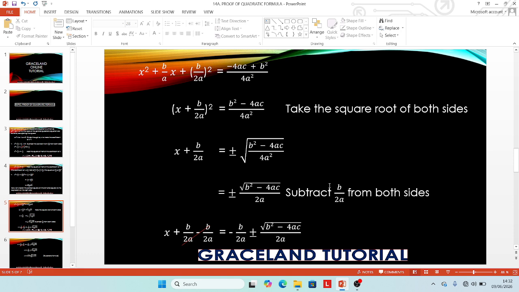Now, let's subtract b over 2a from both sides, so we can have x. Now, this is going to be x plus b over 2a minus b over 2a is equal to minus b over 2a plus or minus the square root of b squared minus 4ac over 2a.